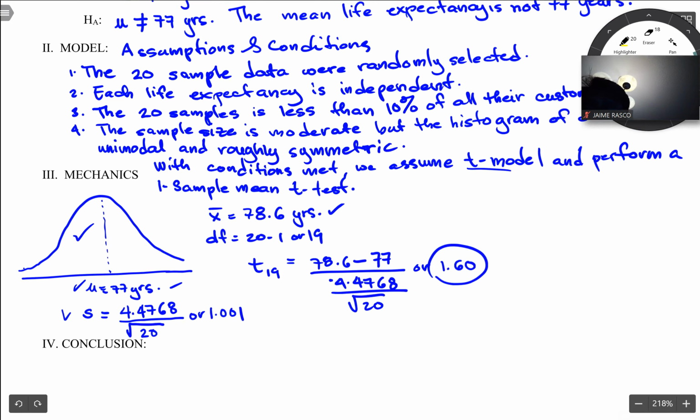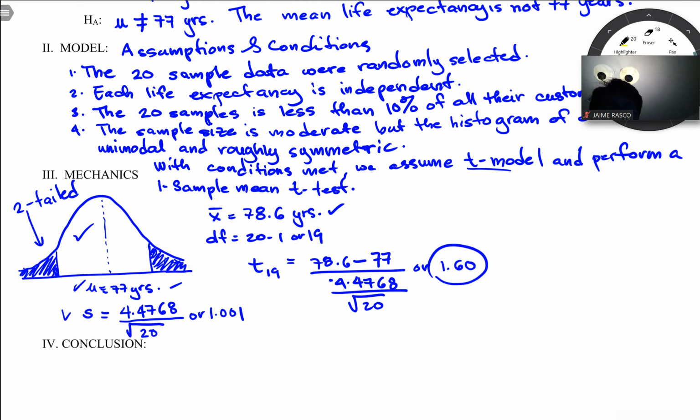So when we are shading the graph, this 1.6 could be greater, on this side, or it could be less than. Okay, so this is what we mean by a two-tailed test, since we don't have any direction.